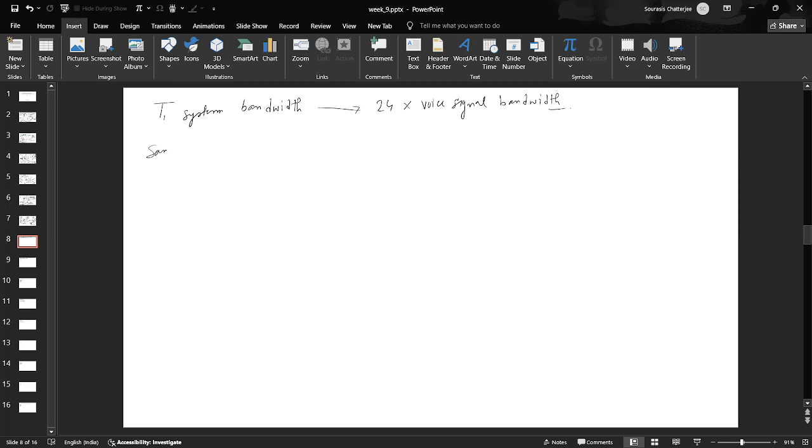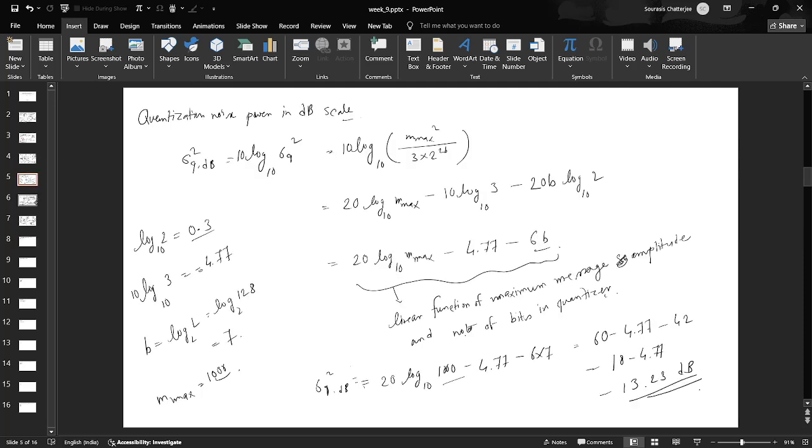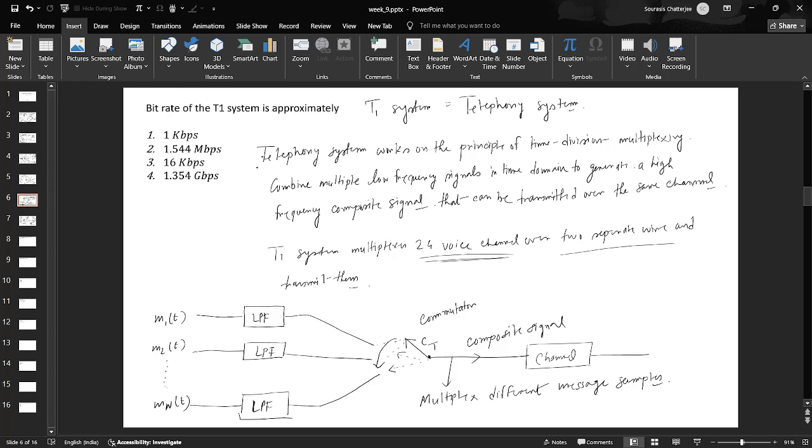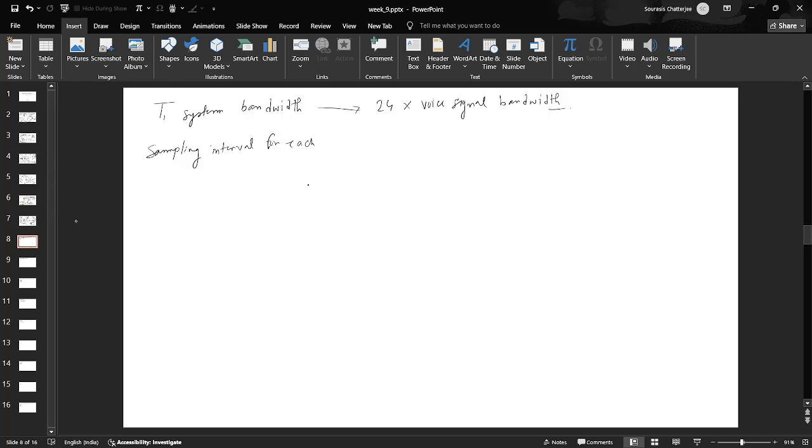So if I put things in the context of T1, the sampling interval for, so remember what we need to compute. Let's just move to the question. We have to compute the bit rate, and to compute that we have to proceed in a methodical way. That is, we have to find the sampling interval for each of these voice signals first.